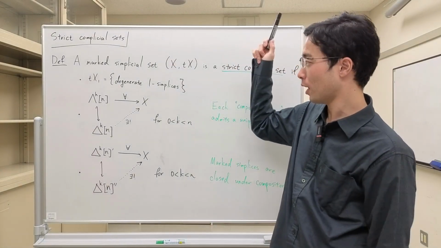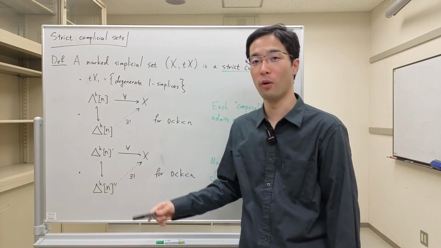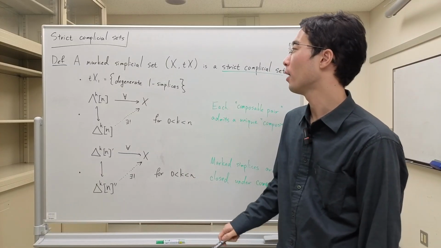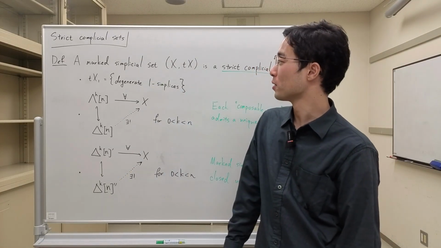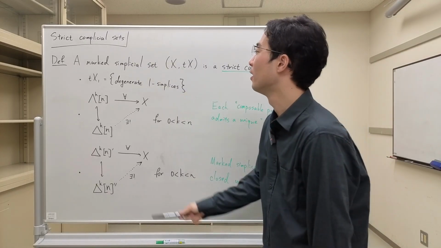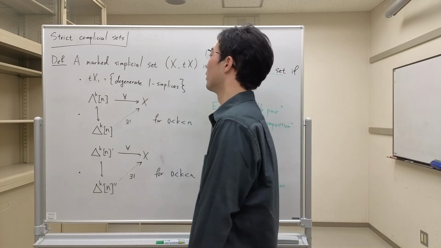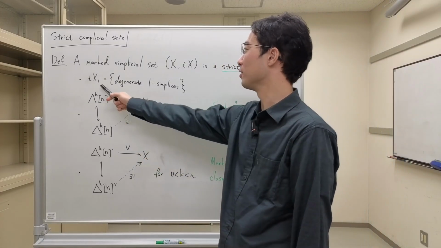In dimension 2, TX2 would consist of all the commutative triangles in your omega category, and not all such commutative triangles are degenerate.